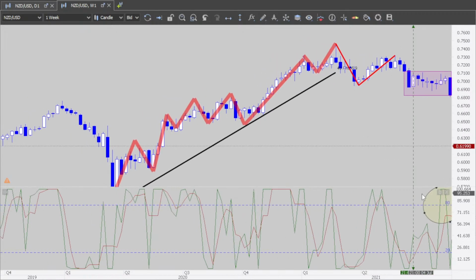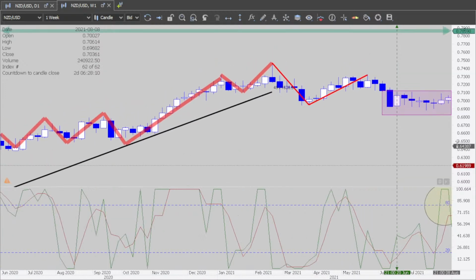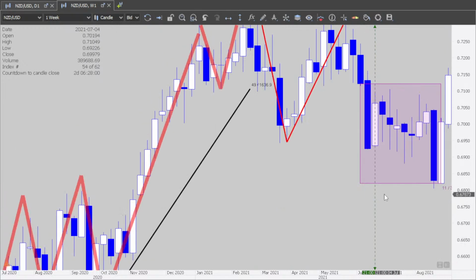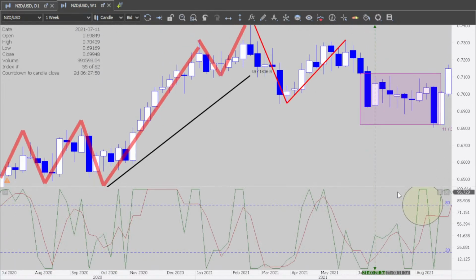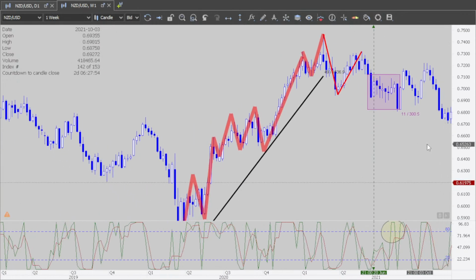And even here, the market is leaving the sell zone, but the very next candle, this is the weekly chart, the very next candle is bullish. Exactly, indicators are not guaranteed. Okay, everybody, indicators are not guaranteed.